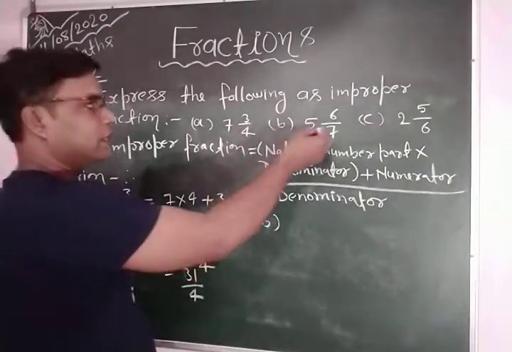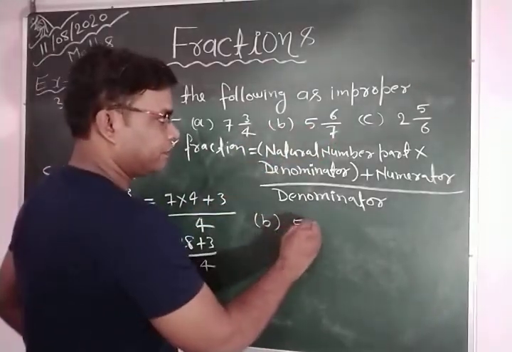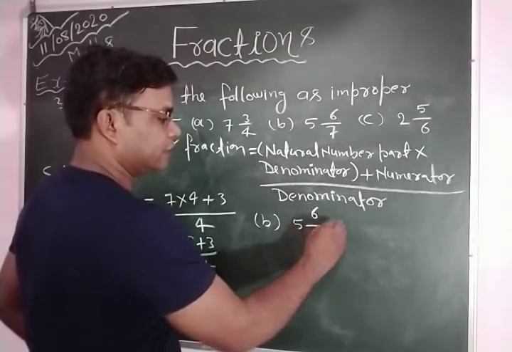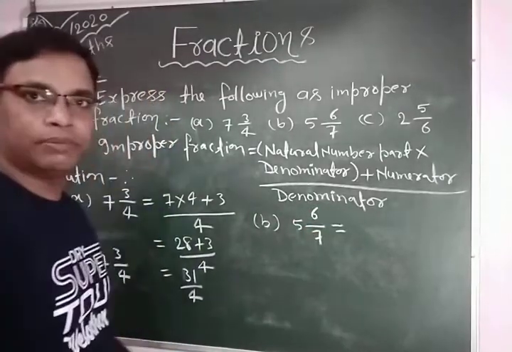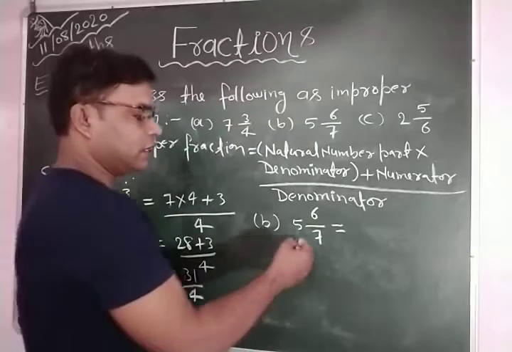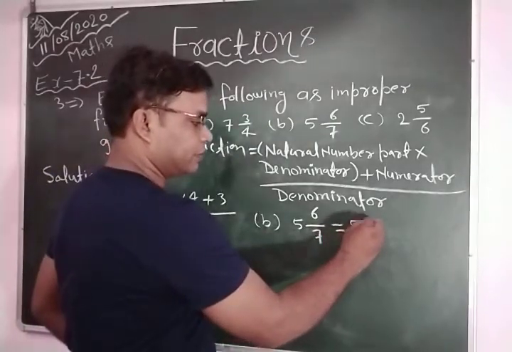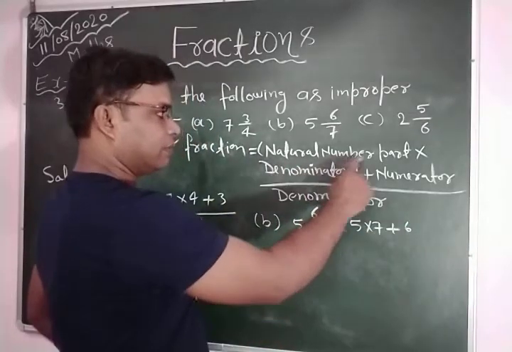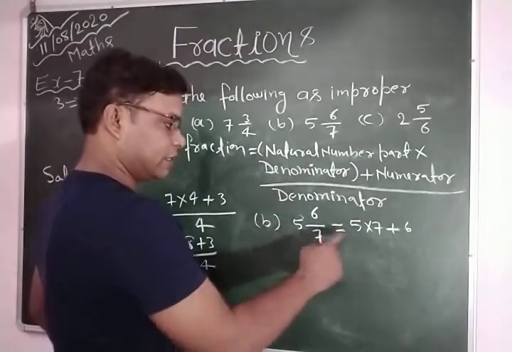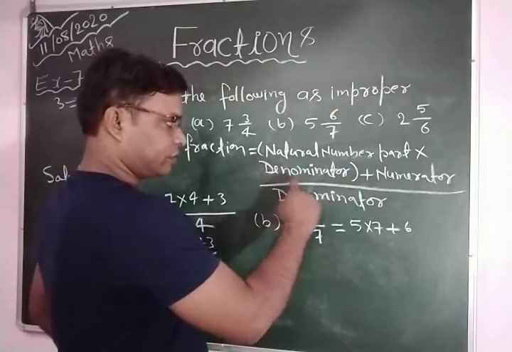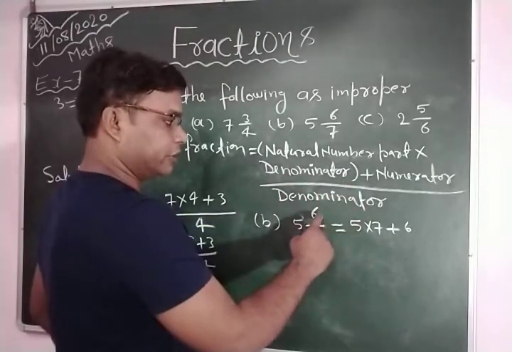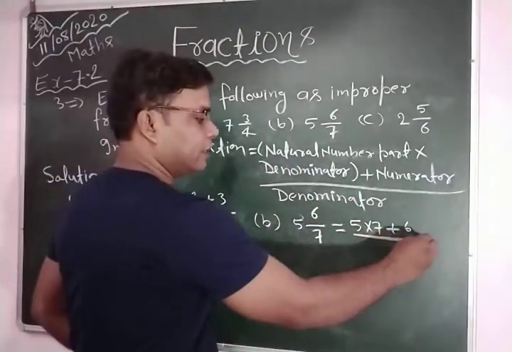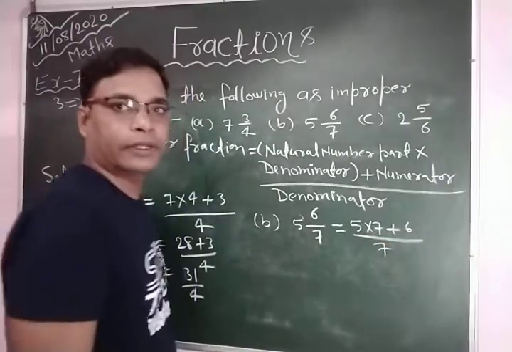Now this is B part, 5 whole 6/7. If you convert it into an improper fraction, then we obtain 5 into 7 plus 6. 5 is the natural number part, 7 is the denominator, into denominator plus numerator, 6 is the numerator, by denominator.